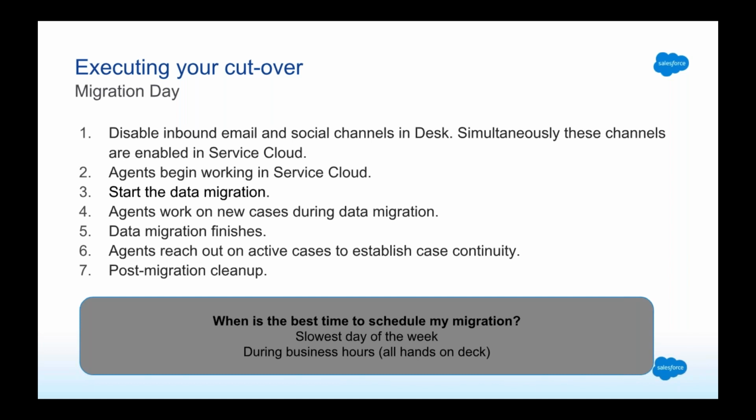So when you migrate the cases over, the replies that are coming from your customers won't have the new thread IDs for those new Service Cloud cases. So what you want to do is reach out on as many of your active cases as possible to get that new text identifier into the customer's reply to your existing cases.